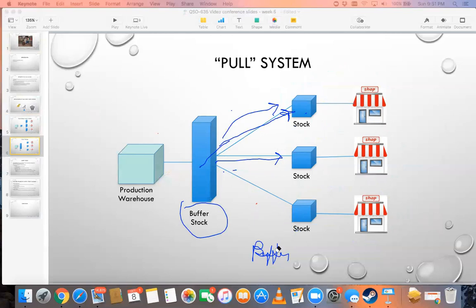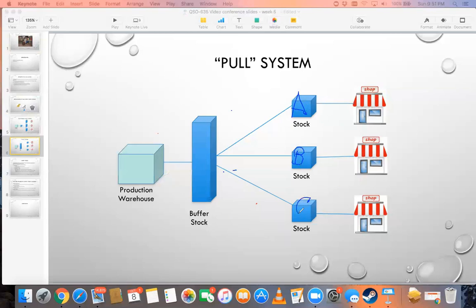A quick example of how this will work with our buffer stocks: let's say we have 3 products, and they're all relatively different. So we have product A here, product B, product C. They're relatively different.